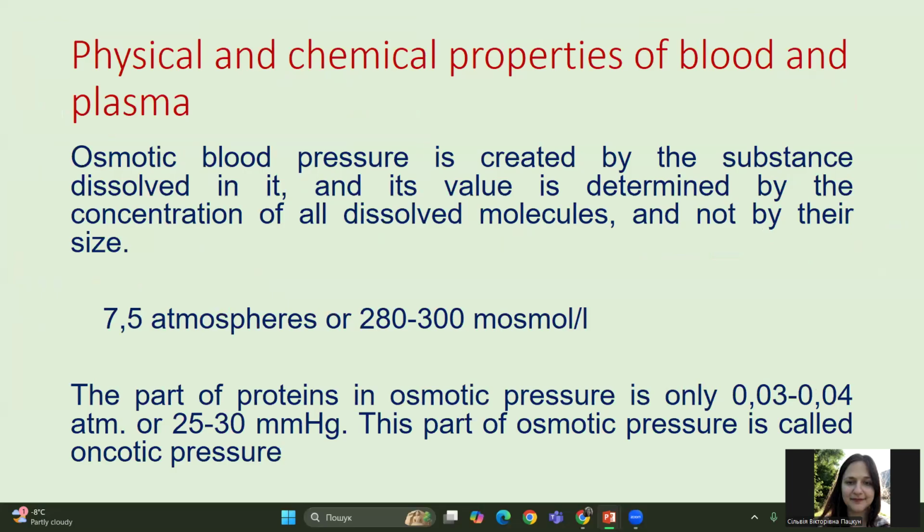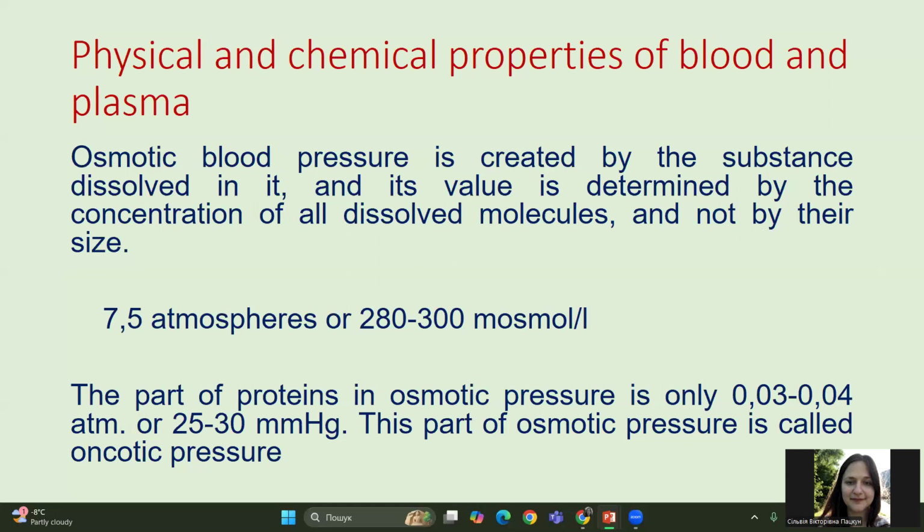Physical and chemical properties of blood and plasma. First is osmotic pressure. It is created by the substances dissolved in it, and its value is determined by the concentration of all dissolved molecules and not by their size.